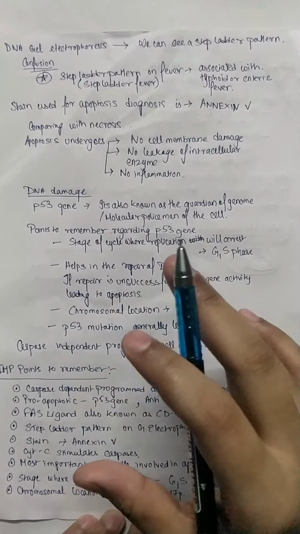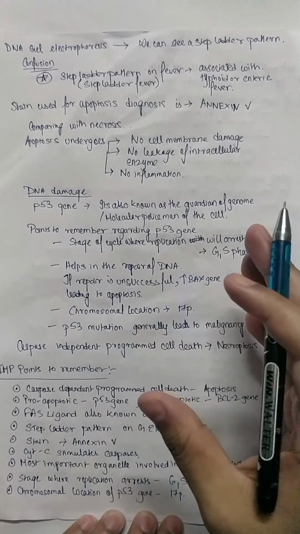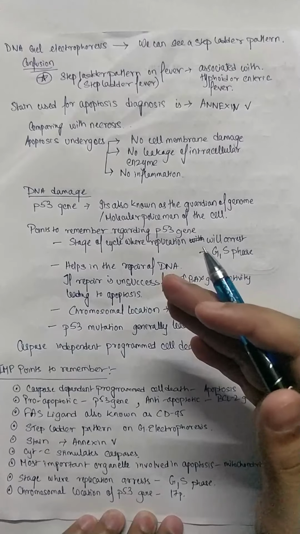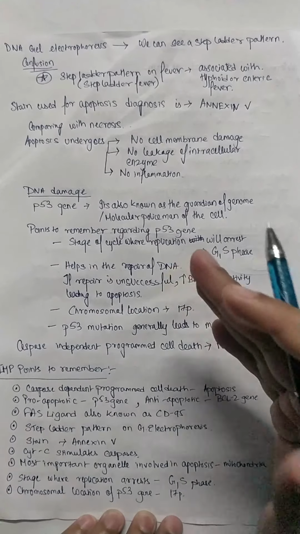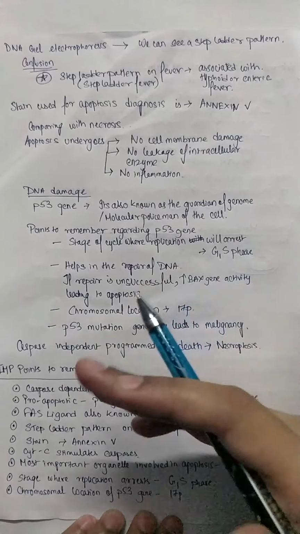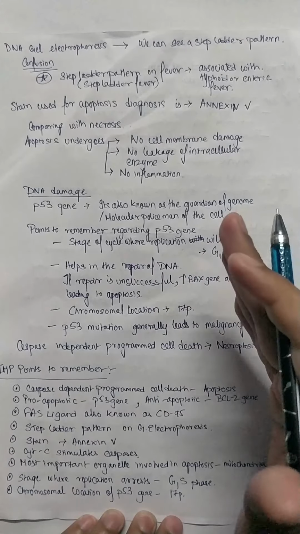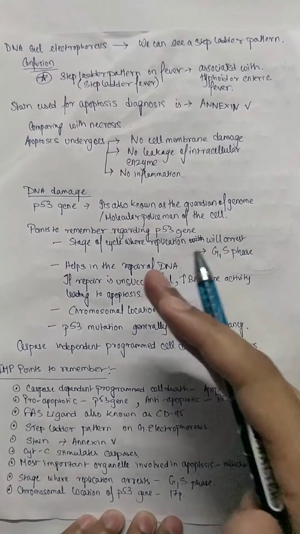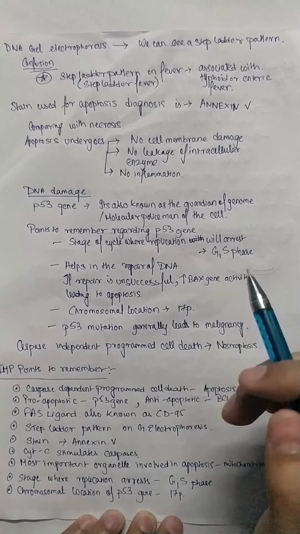Now the few points to remember about the p53 gene is that if there is repair of DNA and the repair is unsuccessful, it will increase the Bax gene activity, which leads to apoptosis, because Bax gene is a pro-apoptotic gene. Now the stage of cycle where the replication will arrest, you have to remember this is G1S phase.